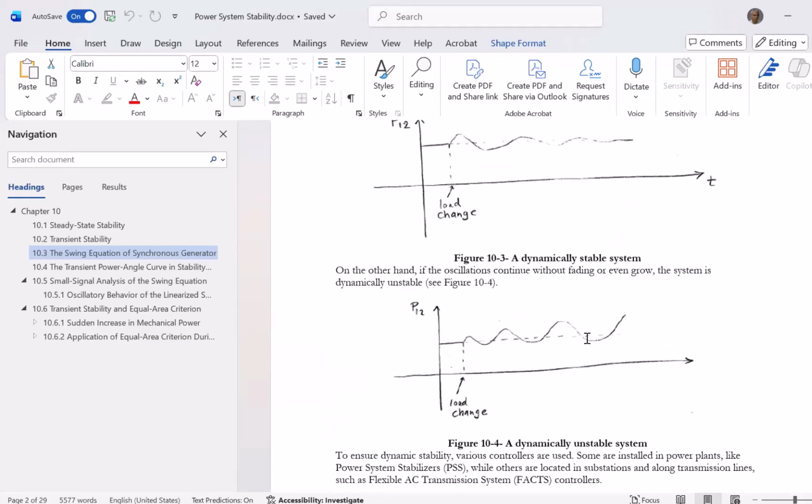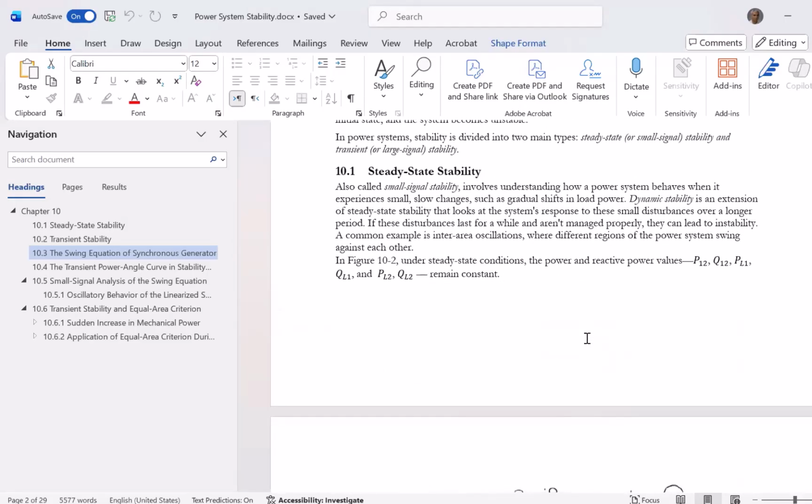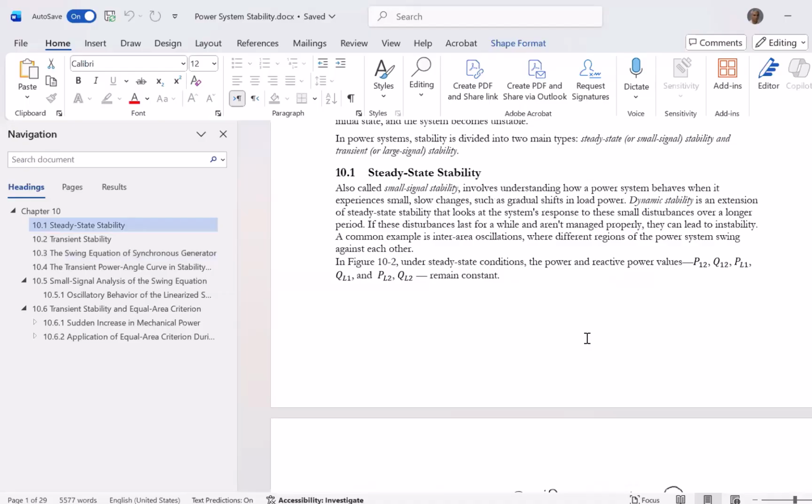Because of the nature of these disturbances, in small signal stability, most of the time we can take advantage of linearized models. Meaning that we're talking about small perturbations around the stable region. So we can linearize our system around that equilibrium point. We can take advantage of linear control theory, which is a very mature branch, and do our analysis based on linear models.